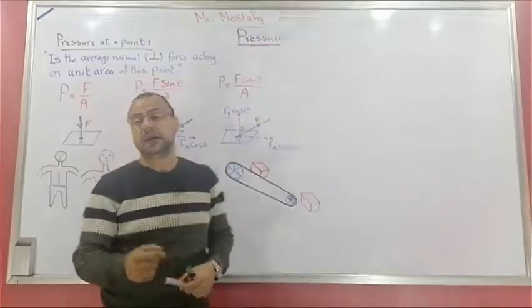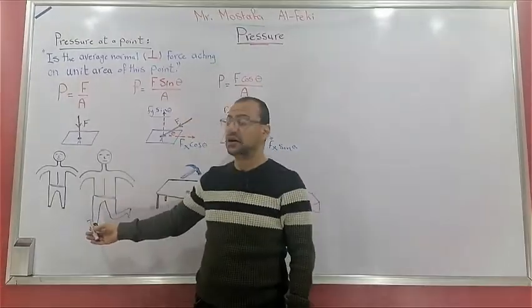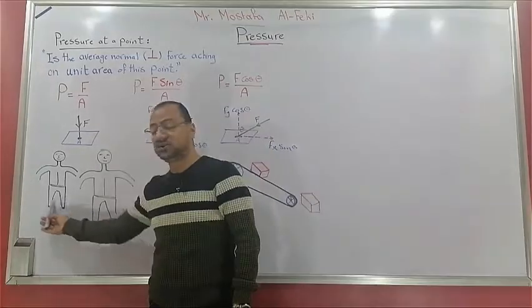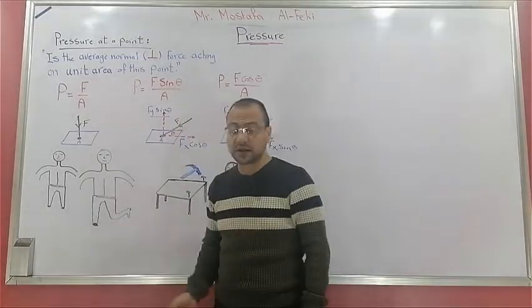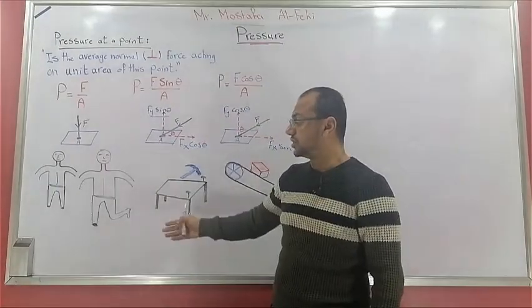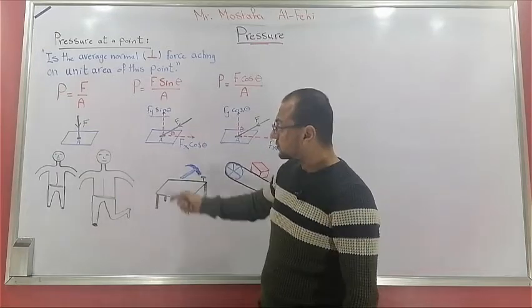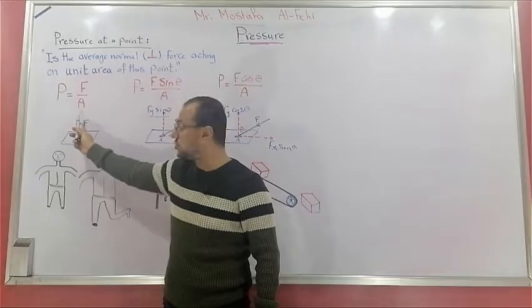Let's take a simple example. A child acts on 2 points, 2 areas, and another child is acting on 1 area. What is the greater pressure? Which pressure is more than the other? From the relation, pressure is inversely proportional to the area.